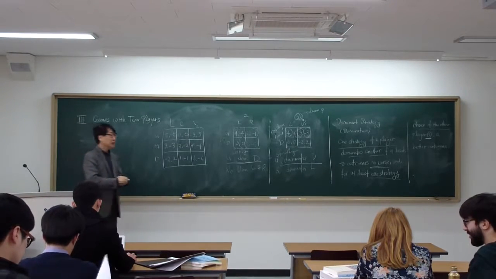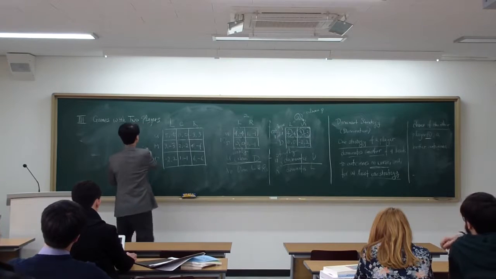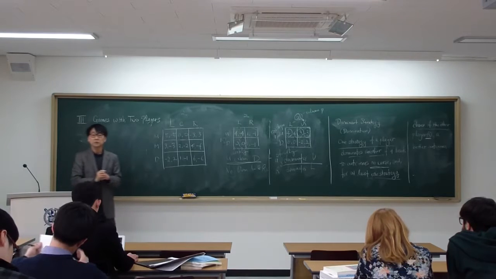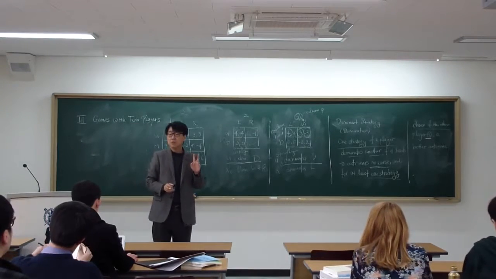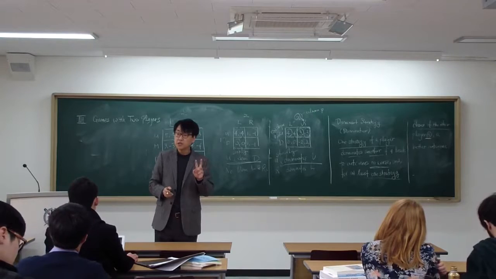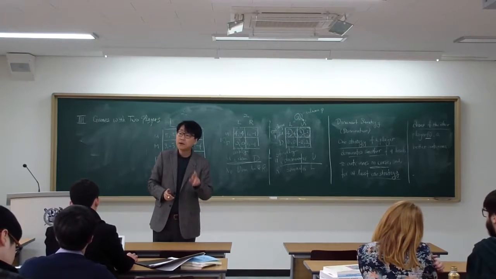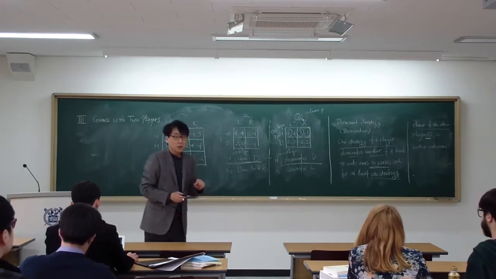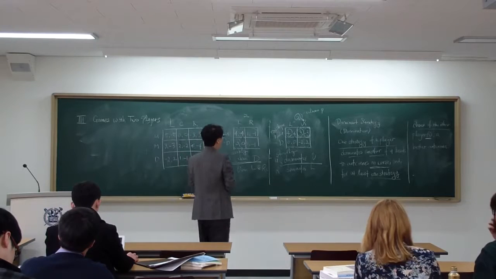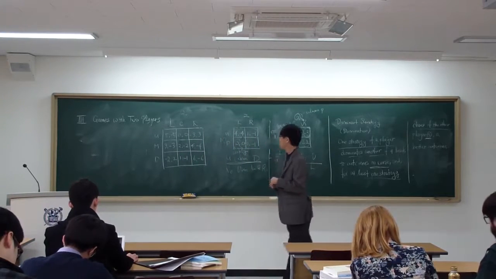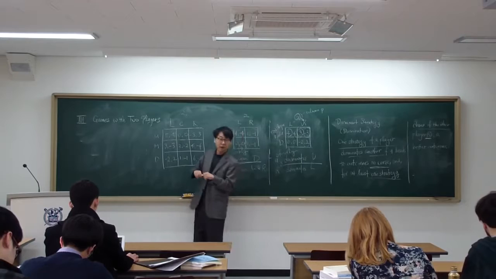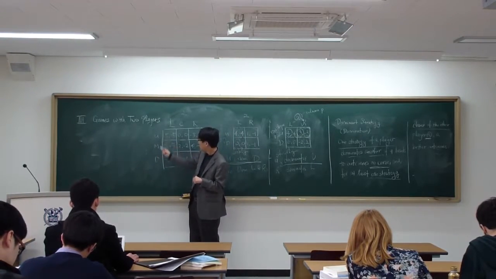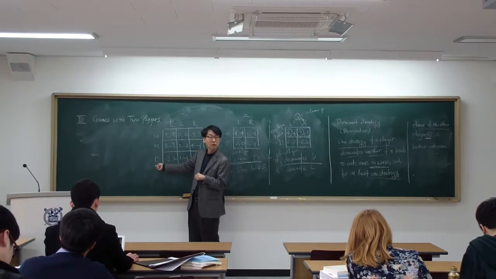This is a 3x3 game, meaning each player now has 3 strategies available. Remember, the dominance relationship is between a pair of strategies of individual players. What that means is to figure out if there is a dominance relationship, you must compare up and middle, and then up and down, and then middle and down.